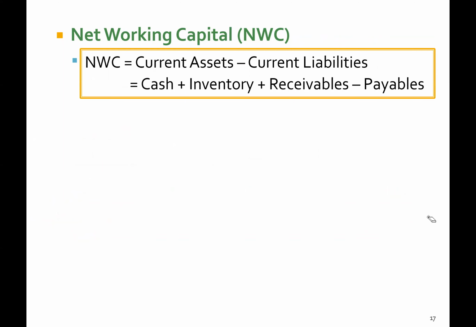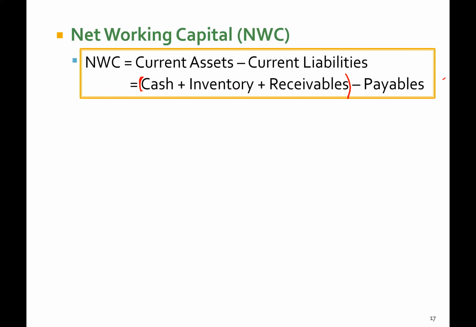The next thing we need to do is incorporate any working capital requirements. And so net working capital is defined as current assets minus current liabilities. We can take our current assets as the company's cash, inventory, and receivables.